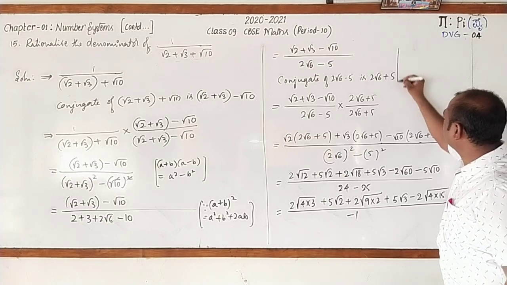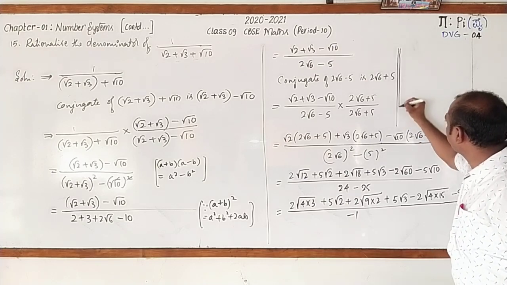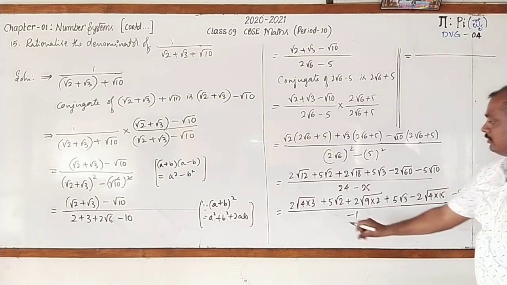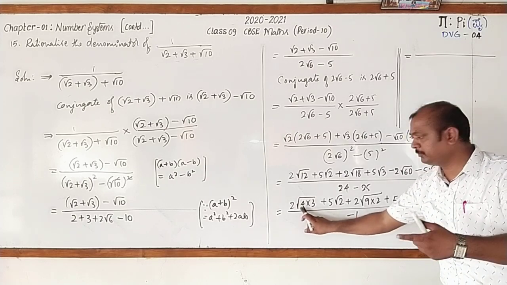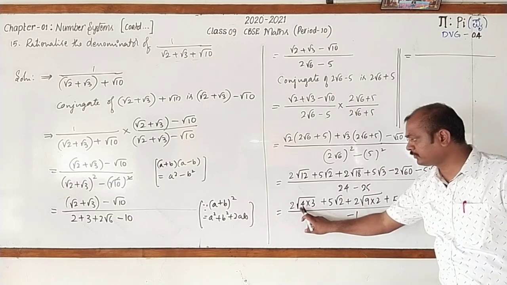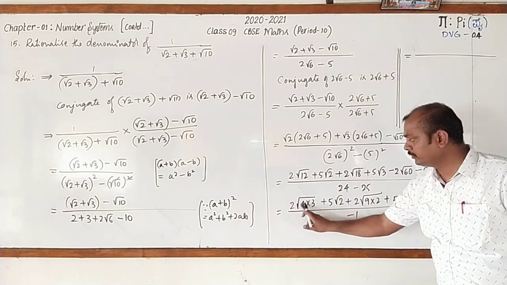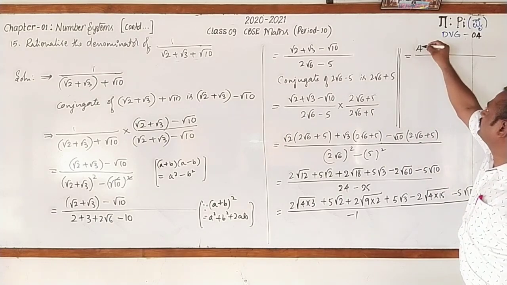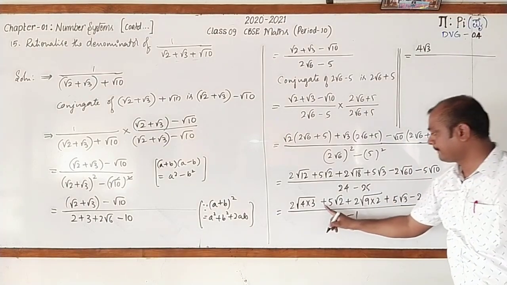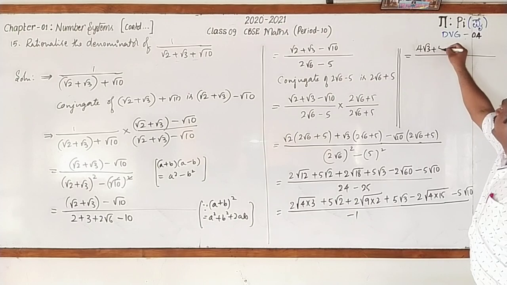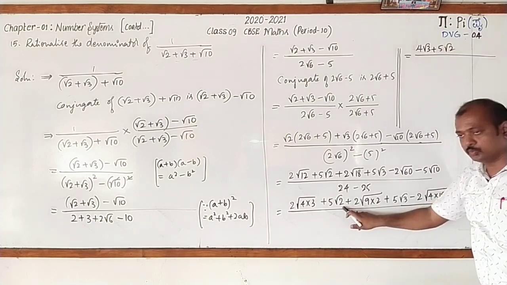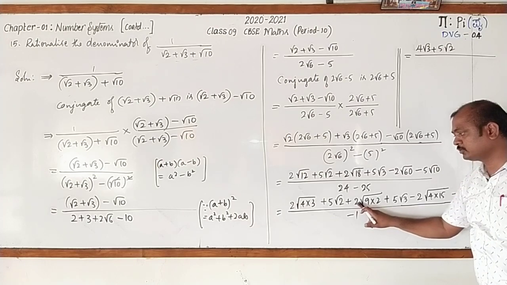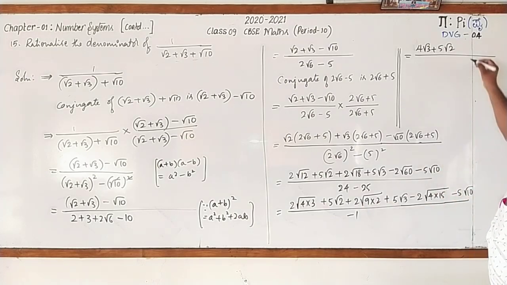Now here I'll write, it is equal to, now see that root 4 can be taken out. What is the value of root 4? 2. When it is taken out, it will be 2. 2 2s are 4. So 4 into root 3 plus 5 into root 2. Next, what is the square root of 9? It is 3. 3 2s are 6. 6 into root 2.